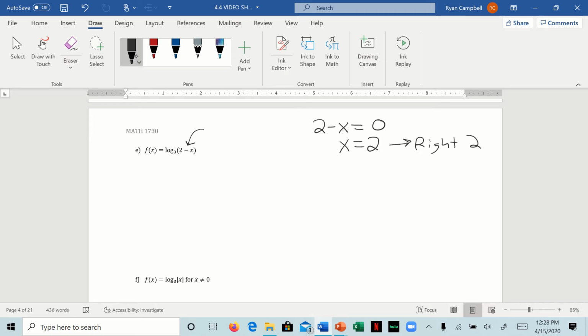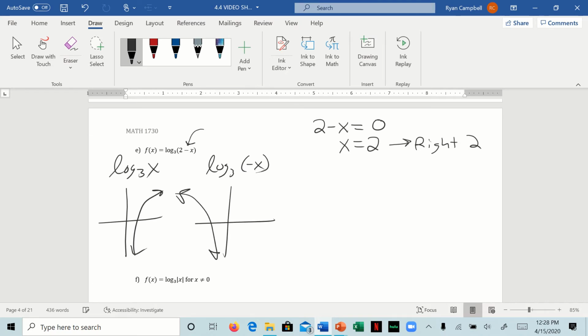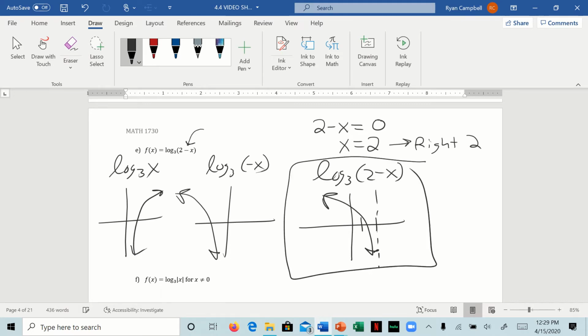So we know that log base 3 of x is going to look normal, log base 3 of negative x is going to go across the y-axis, and then our official function, when you add that 2, is going to shift over 2. So this is what our function looks like.